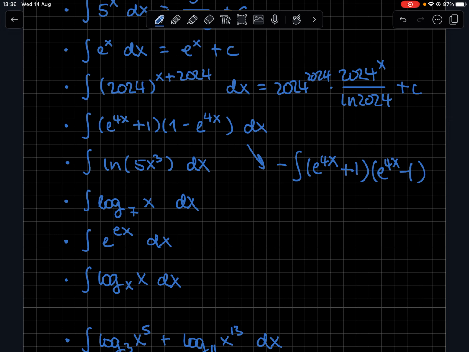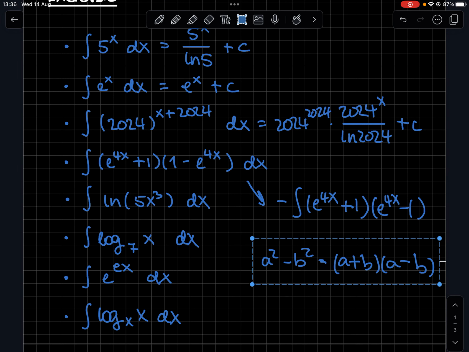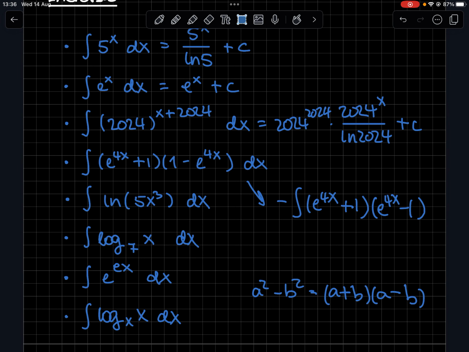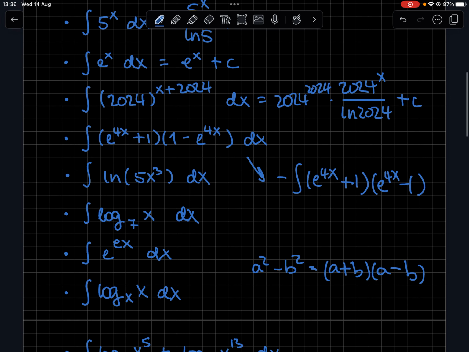So now I'm going to use another rule, which says that a squared minus b squared is equal to a plus b times a minus b. Okay. So in this case, my a is going to be e to the power of 4x, and my b is going to be 1.